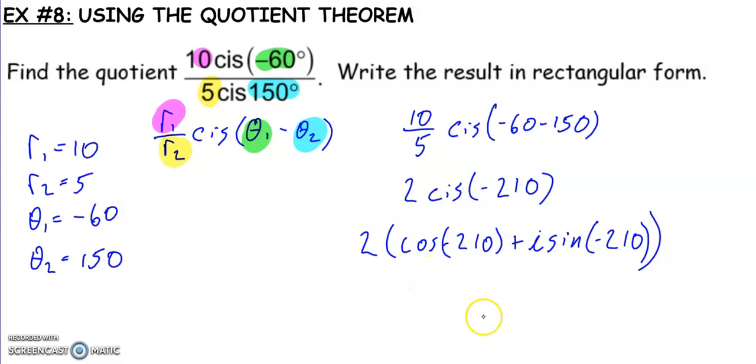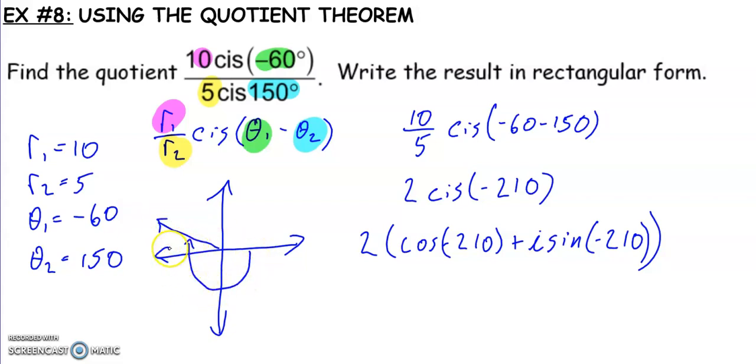So we're going to figure out our values for those. Negative 210 is going to be right here because we're going 180, and that's a reference angle of 30 degrees. So if we're looking at 30 degrees, this is at negative radical 3 over 2 and 1/2. Boom, got that.